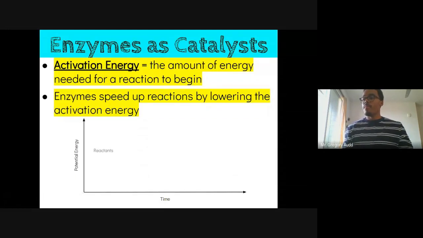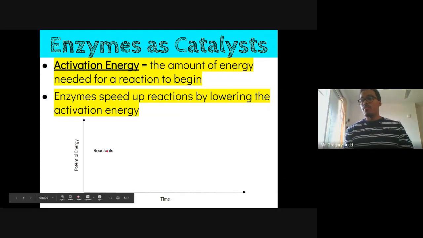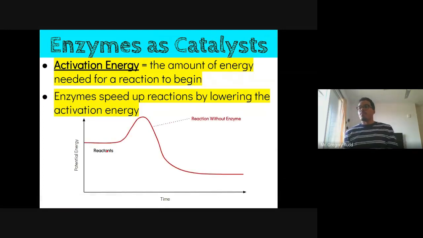All right. We're going to start off in a reaction, early on in the reaction, obviously with reactants, otherwise known as substrates. So that's what you start off with. Now we can see with this curve a depiction of a reaction that's taking place.